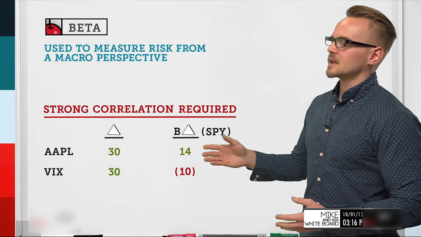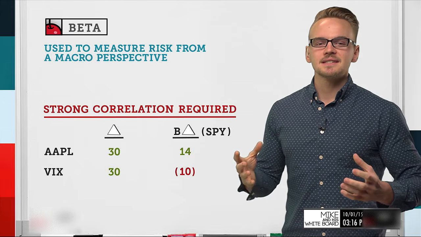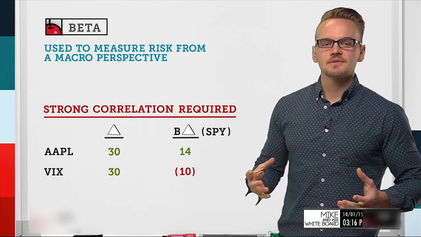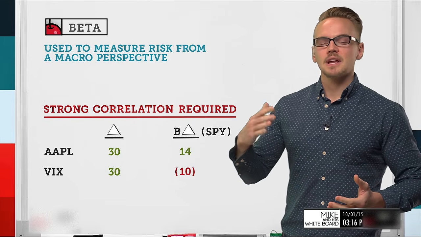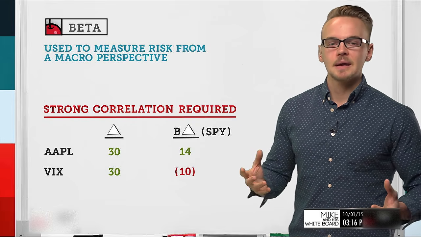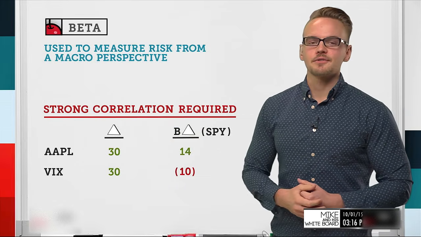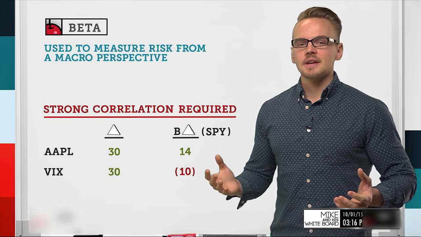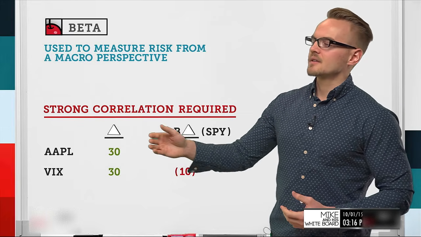If we have something like Apple, this triangle signal is delta. Delta is the rate of change of an option's price given a $1 increase or decrease in the underlying price. Let's say I've got a positive delta of 30 for Apple. Say I sold an out-of-the-money put spread, and that spread has a delta of 30.